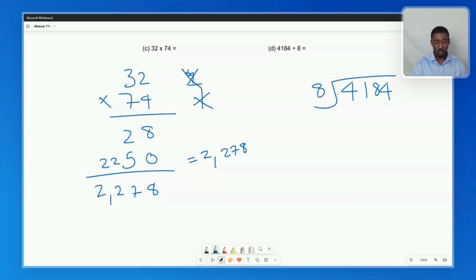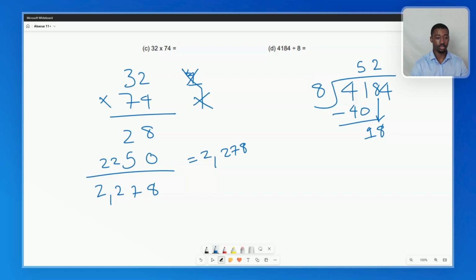And then here we have 4, 1, 8, 4 divided by 8. Well, 8 into 4 we can't do, so 8 into 40, we have 5, right? Because 5 times 8 is 40. And then we have a 1 left over. So now we bring down the next number, which is the 8, and we have 8 into 18. Well, that's going to be 2, right?